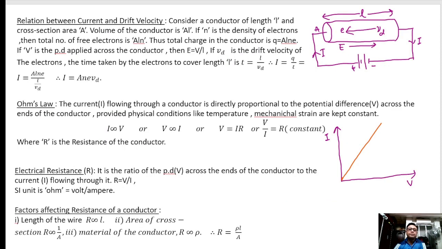Let's see the next thing: the relation between current and drift velocity. This relation is very, very important, so let us see how we derive it.